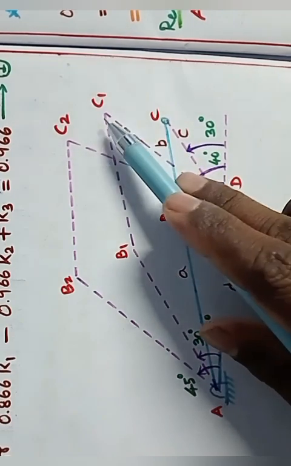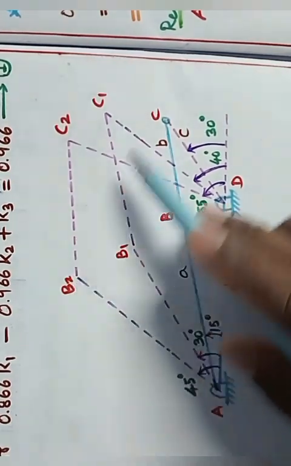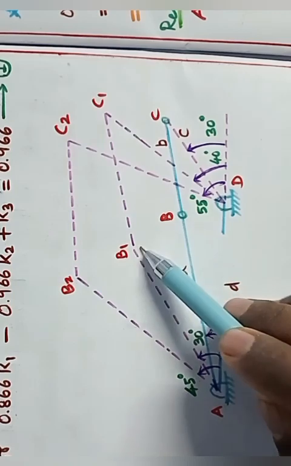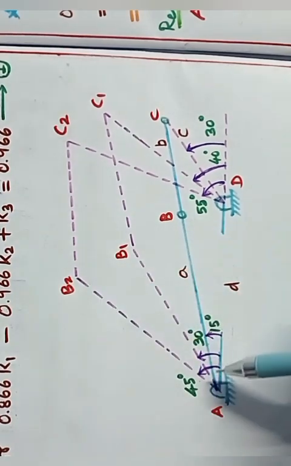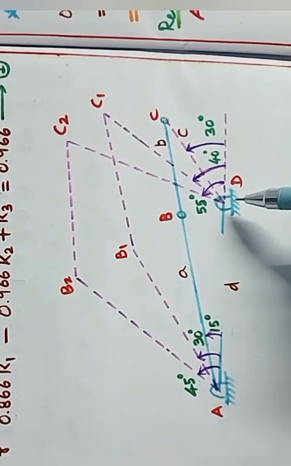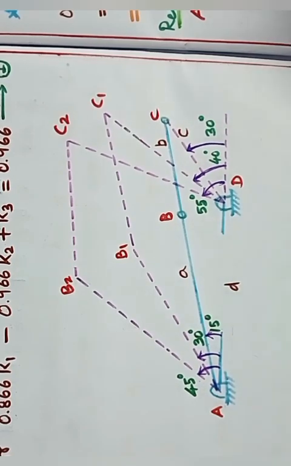There are three positions: C1, C2, C3 and also B1, B2, B3. So these are the three corresponding positions of the input with respect to the output angles.